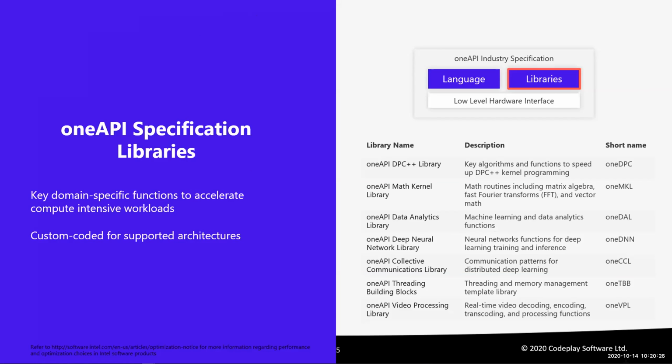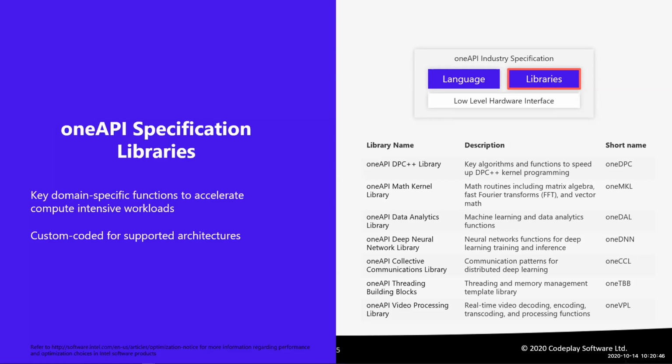So a little bit about the oneAPI specification libraries. For API-based programming, performance libraries can span several workload domains that benefit from acceleration. Library functions are custom coded for each architecture, so no developer tuning is required when developers migrate code between supported architectures.